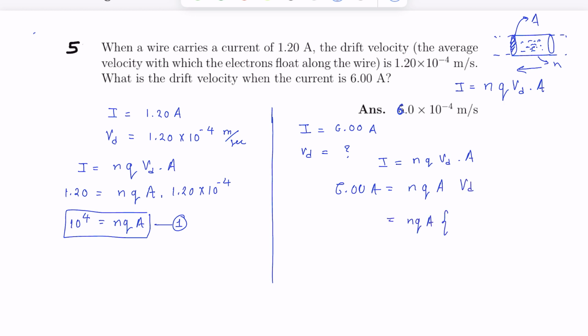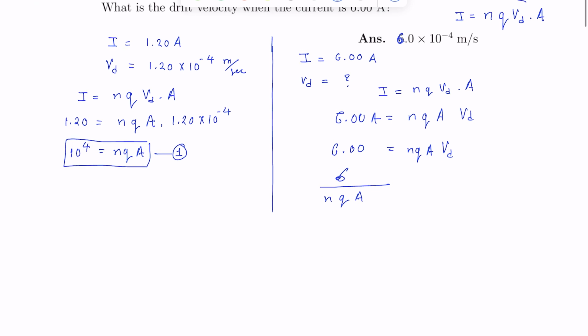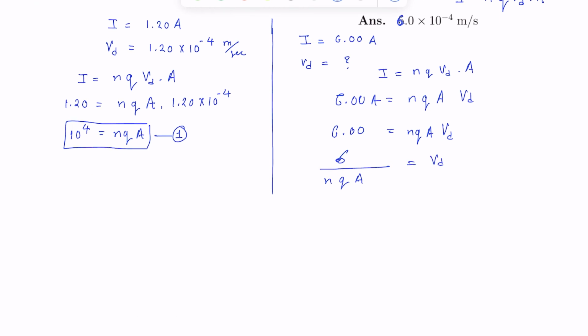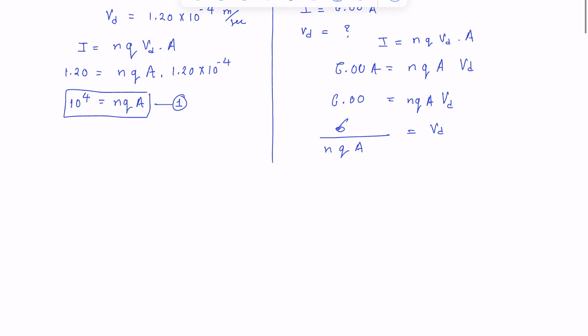For this case, vd is what we need to find. Let's divide both sides by n, q and A. So we'll end up with 6 over nqA equals vd. And I'm going to use equation number 1 and substitute that in here.